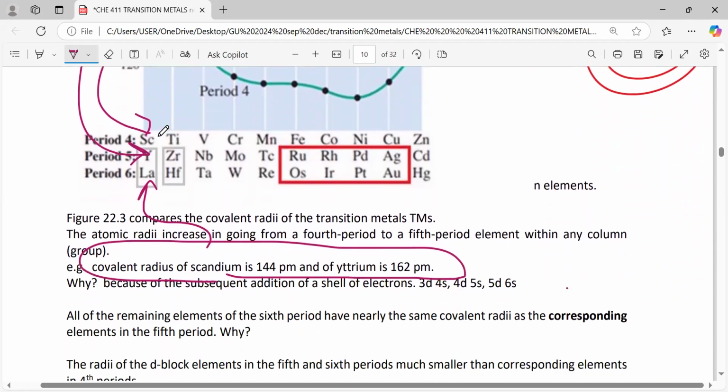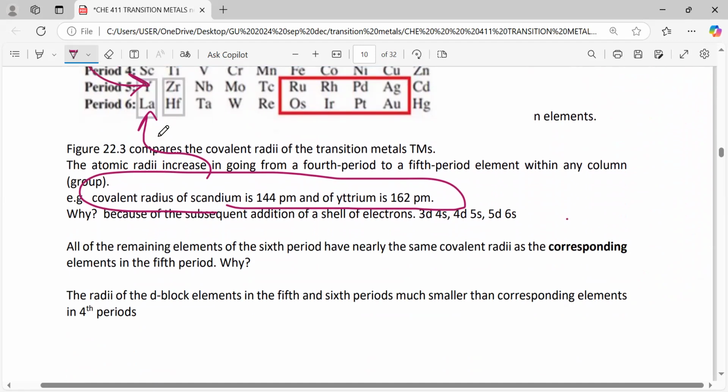I'm thinking of some mix up here. Let me just read these two sentences so that all of us can see whether it's making sense or it's a mix up. All of the remaining elements of the 6th period have nearly the same covalent radius as corresponding elements in the 5th period.